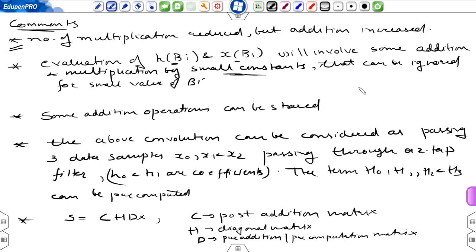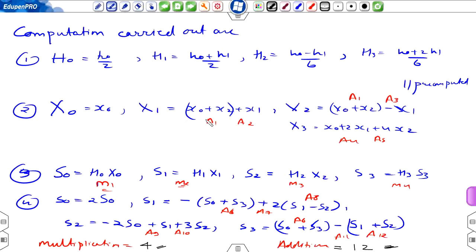So this can be ignored as long as beta i is small. Some addition operations can be shared, like a1 and a1 are same, a6 and a6 are same, so they need not be computed twice, only one time we have to compute this.